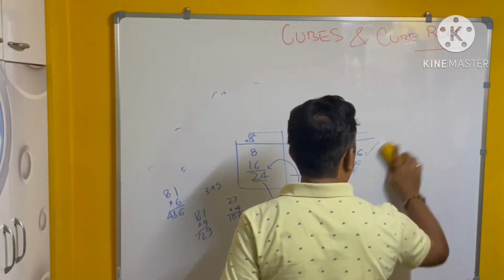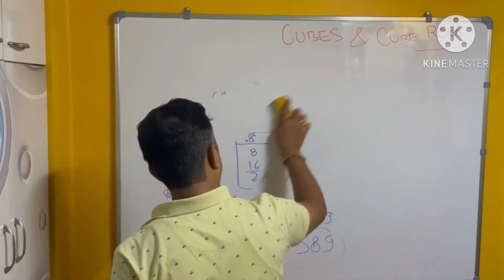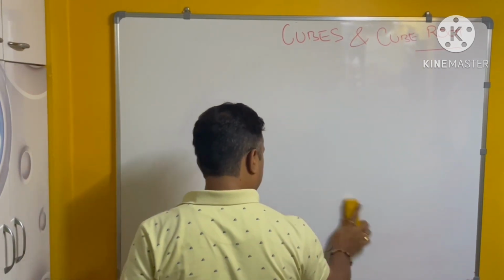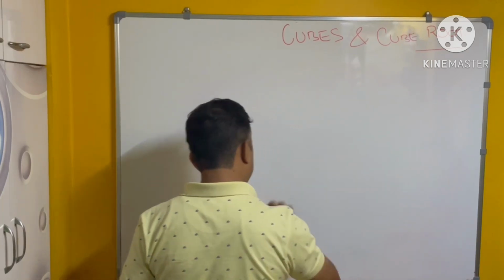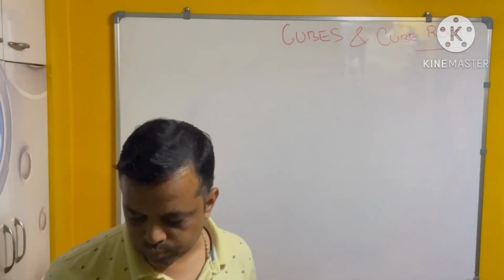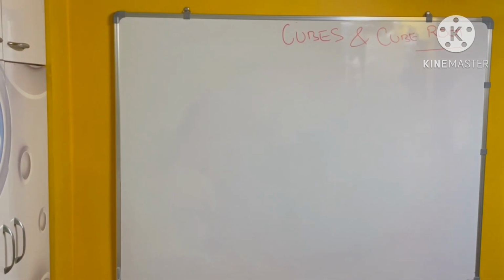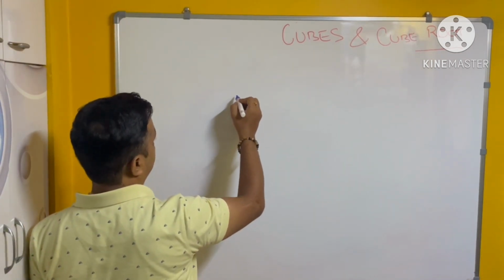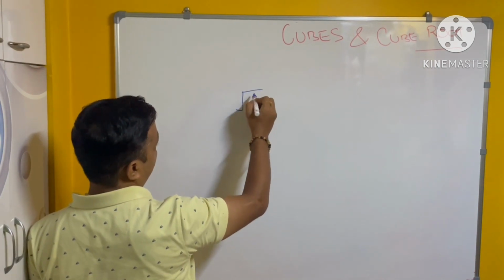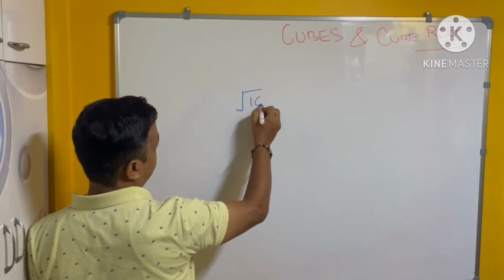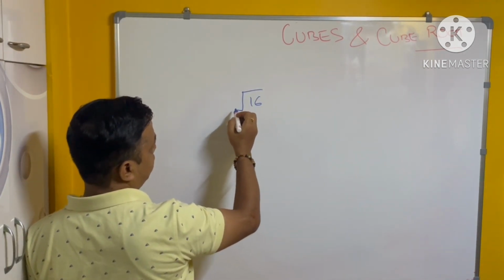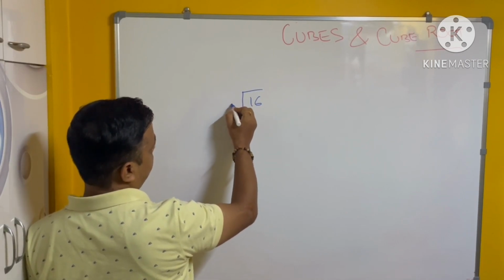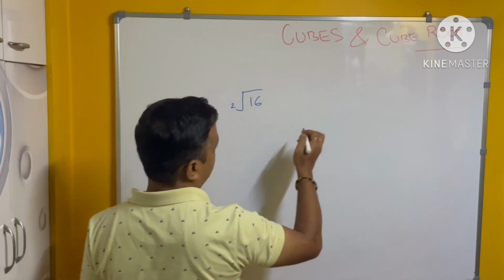There is not much in this. If you don't understand, then let me know, I will again try to make you understand. Now the cube root: square root was something like this, and if nothing is mentioned then that is square root, okay, and we can mention this in cube root too.